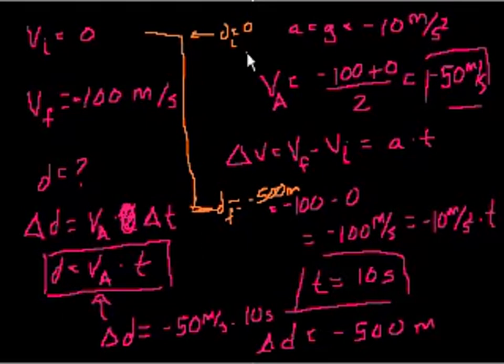We could have done it the other way around, where we said this is plus 500 meters and then this is 0. But all that matters is really the change in distance, right? We're saying from the top of the cliff to the ground, the change in distance is minus 500 meters. Based on our convention, minus is down. So the change is 500 meters down. And that's the height of the cliff.